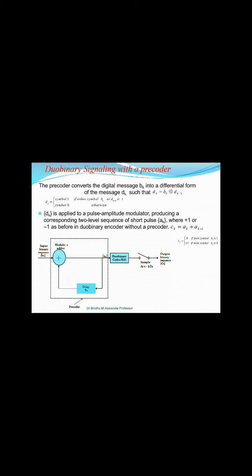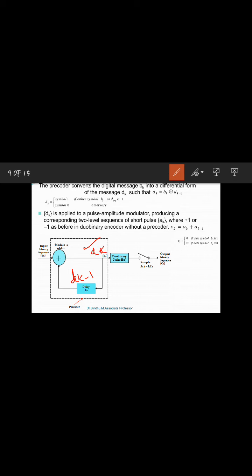So that is what has been mentioned. dk is applied to the pulse amplitude modulator, producing a short pulse either positive or negative in the duobinary encoder. The circuit shown here is your precoder element. This is bk minus 1, dk minus 1, and this is your bk. You perform the operation and obtain a new piece of information called dk.